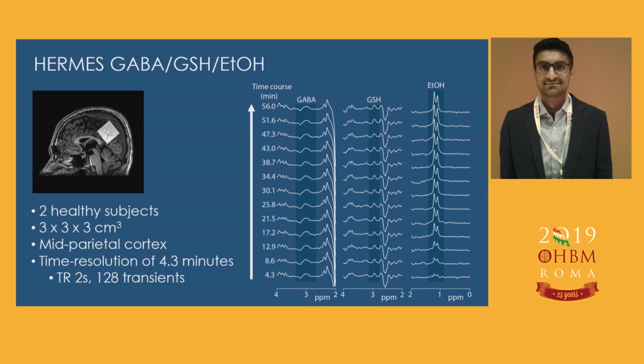As expected, the subjects showed a rise in ethanol signal for an hour, and this sequence can be quite beneficial for studies such as studying alcoholism or alcohol use disorder. You can break down your resolution to as little as 4 minutes, which allows you to perform dynamic measurements of these 3 edited compounds, which previously was not possible.